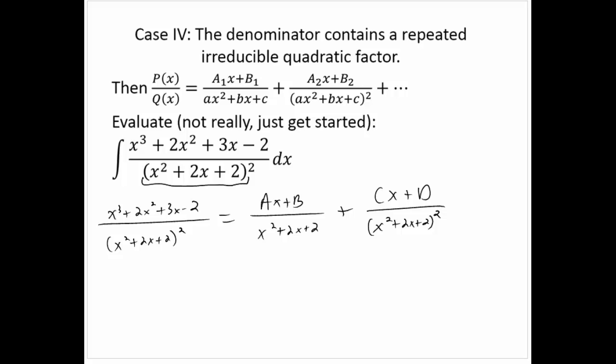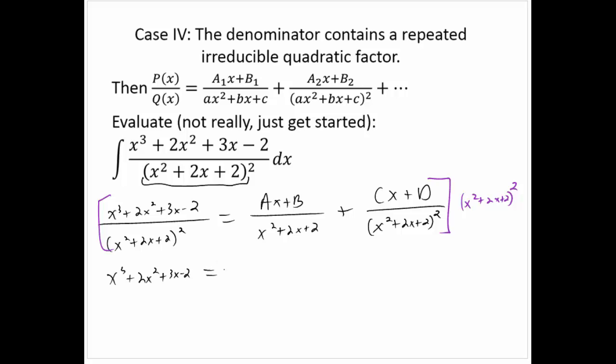All right, and then we would multiply both sides by the x squared plus 2x plus 2, squared, yielding x cubed plus 2x squared plus 3x minus 2.